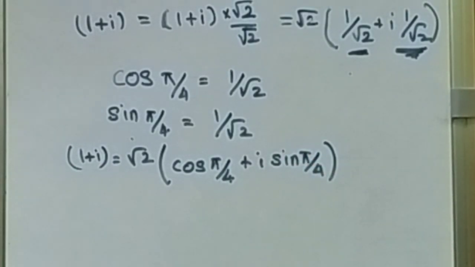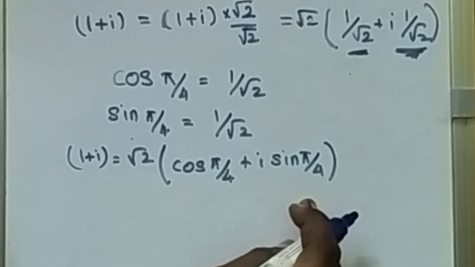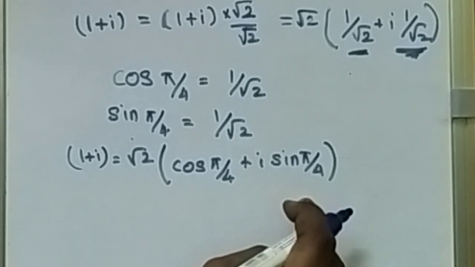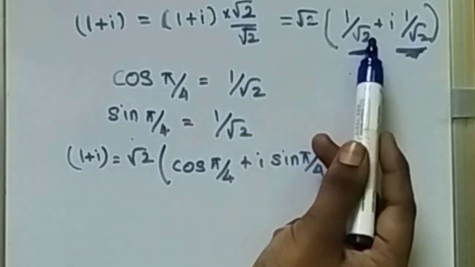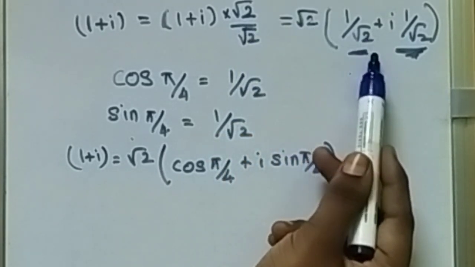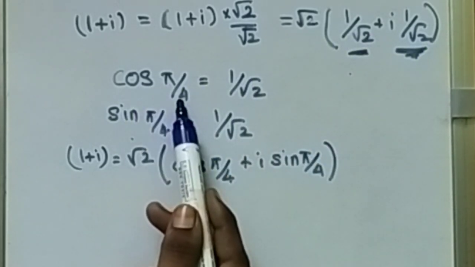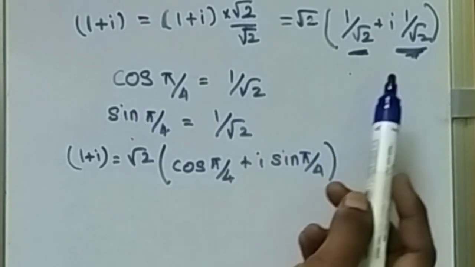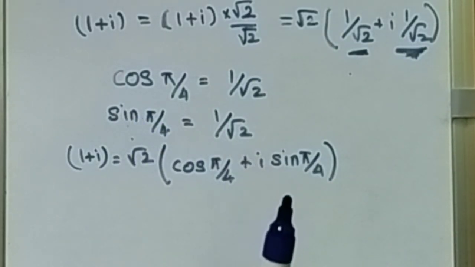Now only it looks like cos θ plus i sin θ, so that we can substitute De Moivre's theorem. For that we multiplied root 2 by root 2 and took the root 2 outside, and for 1 by root 2 we substitute cos π/4 and in the imaginary part we substitute sin π/4.